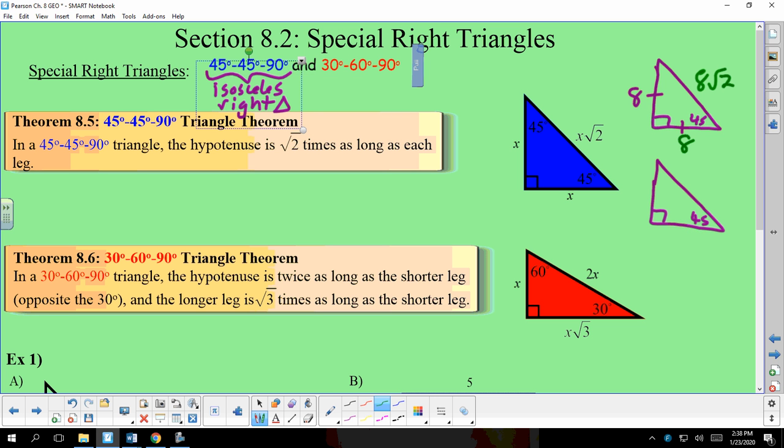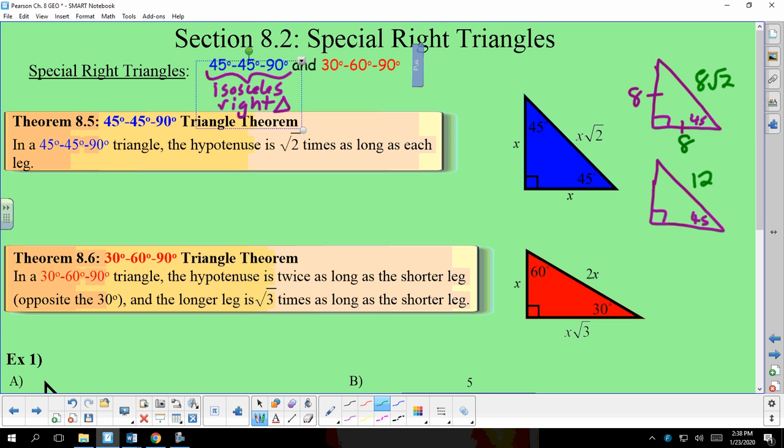If I'm given the hypotenuse, say the hypotenuse is 12. Now I'm going to go backwards and find the legs. Remember this. I want to find the legs and give them the hypotenuse.